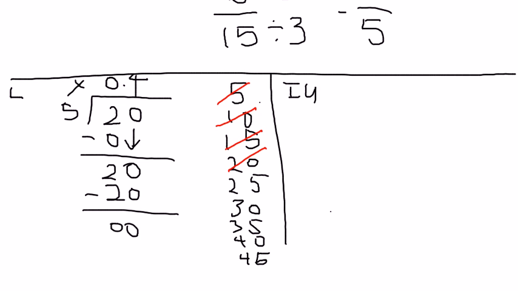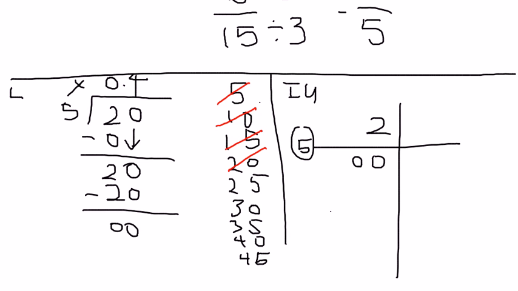For the IU method, draw a 2. And one packet you must have what? 5. Very good. Here I have 2 balls. Is it enough to be grouped into a packet? Of course not. So we need to transfer. But is there any place for us to transfer? Don't have. So we create a new column. When we create a new column, remember to add in your decimal point.